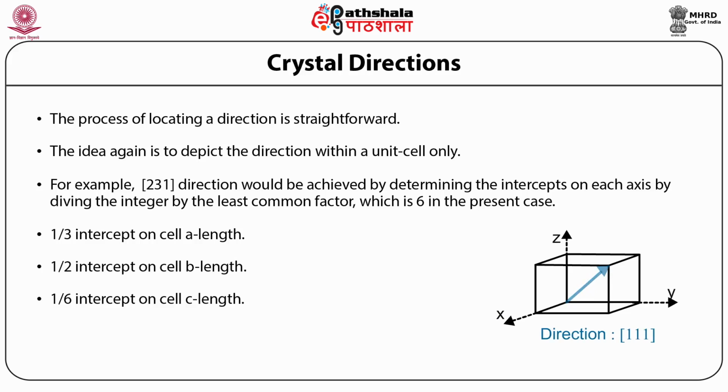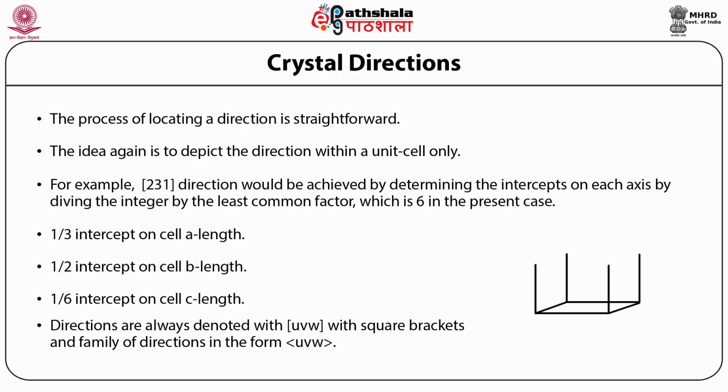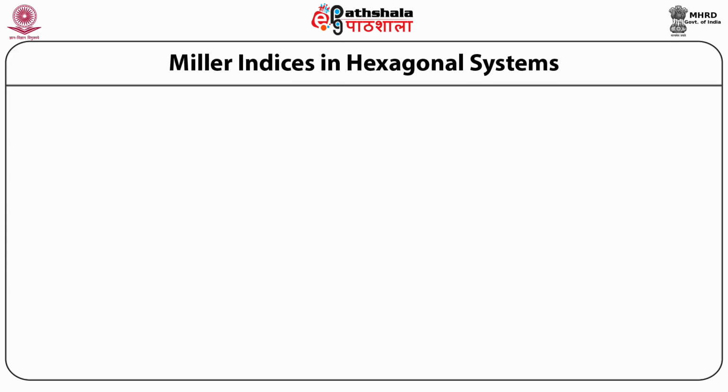For negative indices, one needs to shift the origin with respect to the negative indices. Here the direction is always denoted with a square bracket, and a family of directions in the form <uvw> enclosed in angle brackets.